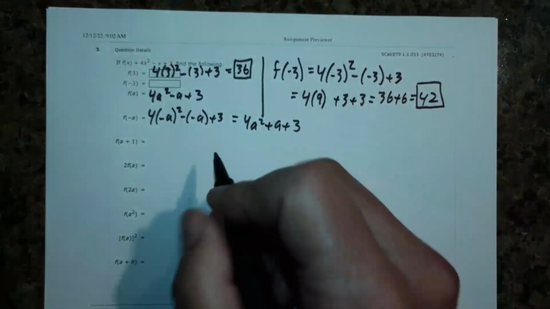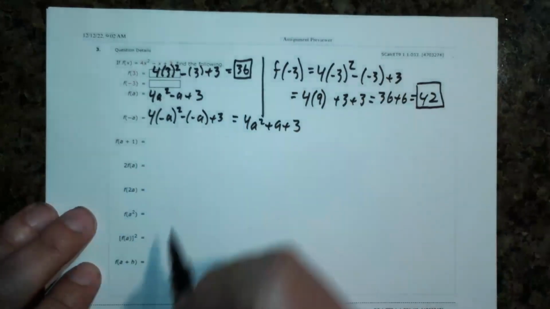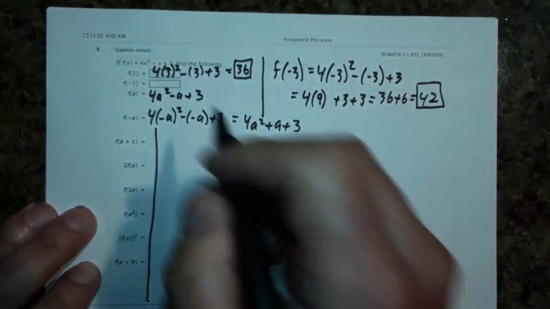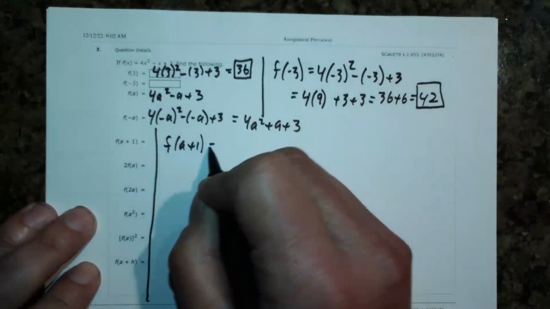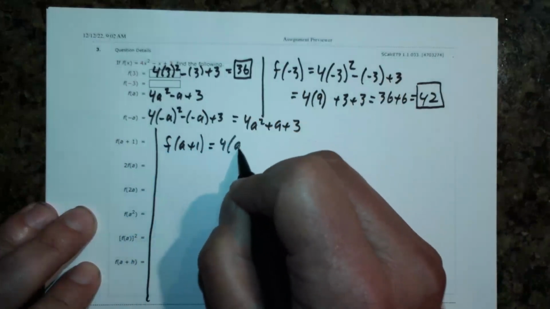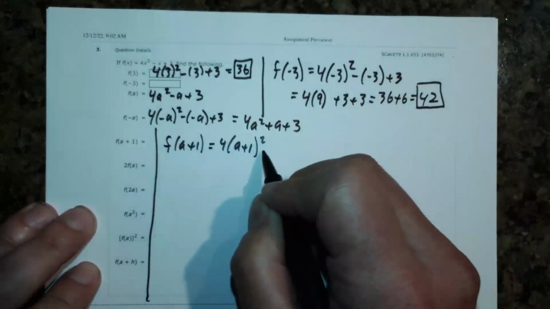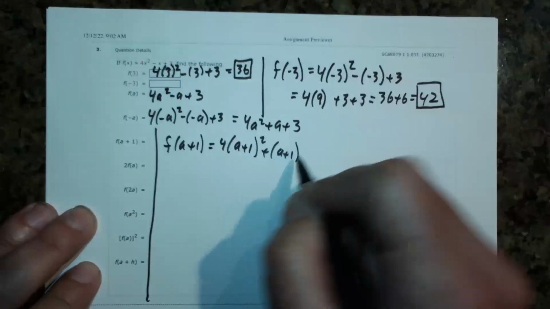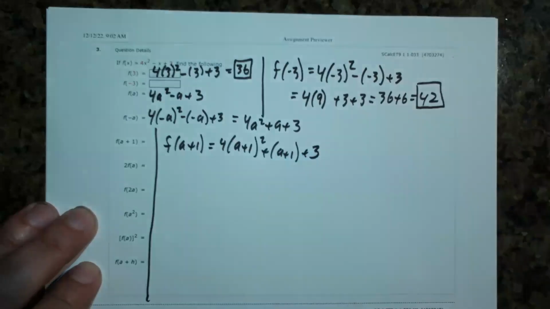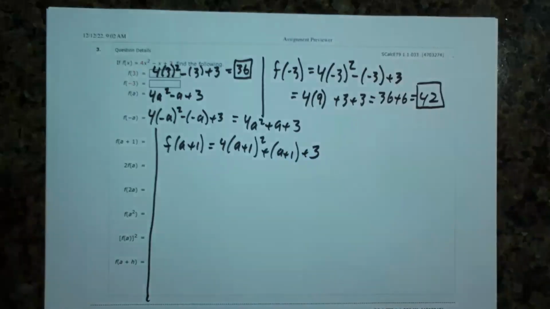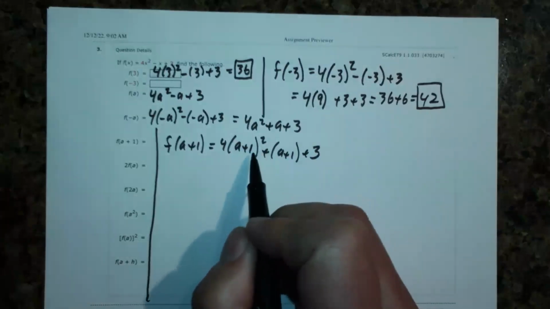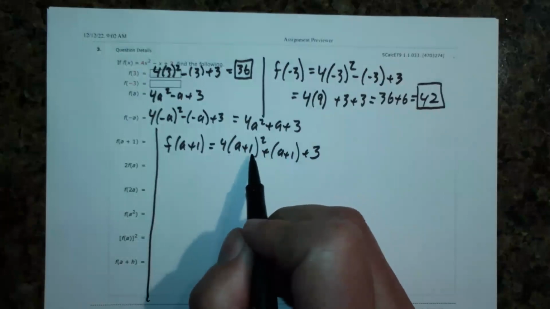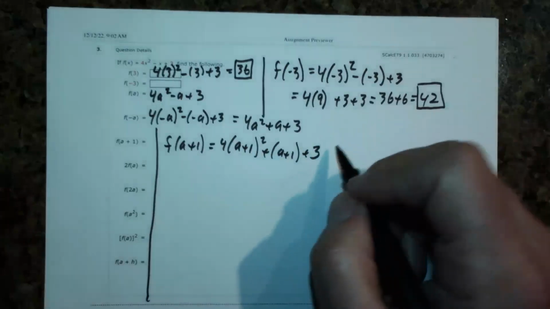All right, next up we have f of a plus 1. So I'm not even going to try to follow these anymore. f of a plus 1. Now that might look a little weird, and it is. I'm going to FOIL that out. Make sure you don't distribute the squared. That's not a squared plus 1 squared. That's not what that is. You have to actually FOIL that out.